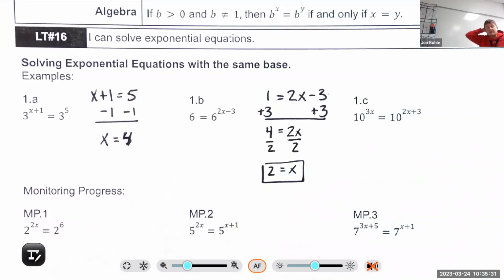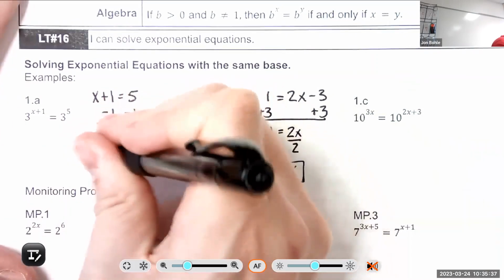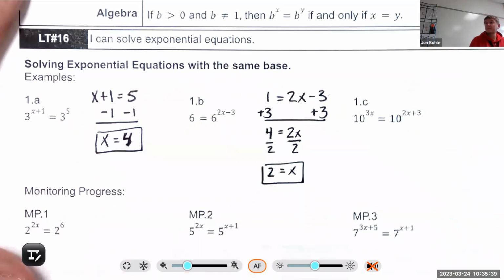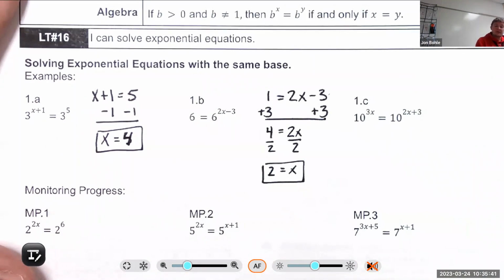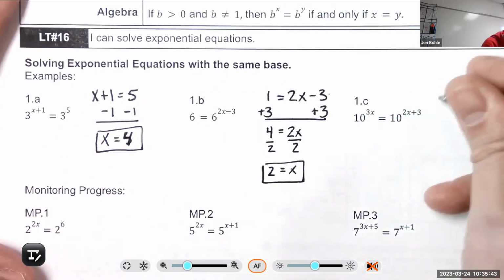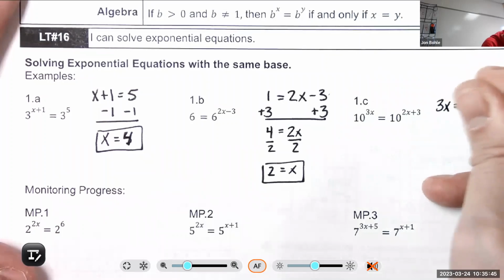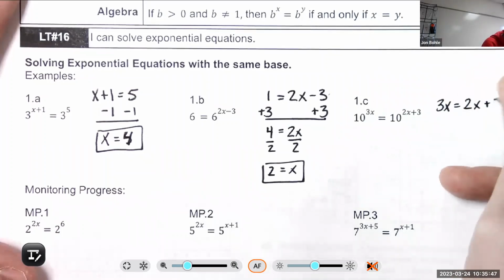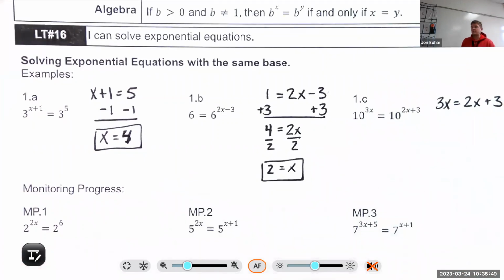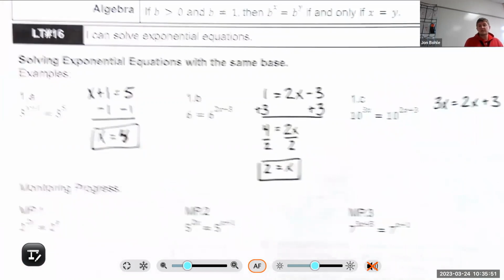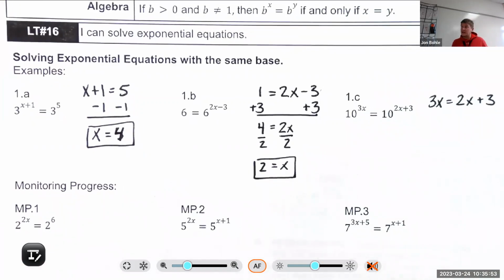1c. 10 to the 3x power is equal to 10 to the 2x plus 3 power. Are the bases the same? Yes, so if the bases are the same, that means the exponents are going to be the same also. So then 3x is equal to 2x plus 3. You're just going to set the exponents equal to each other because the bases are the same.